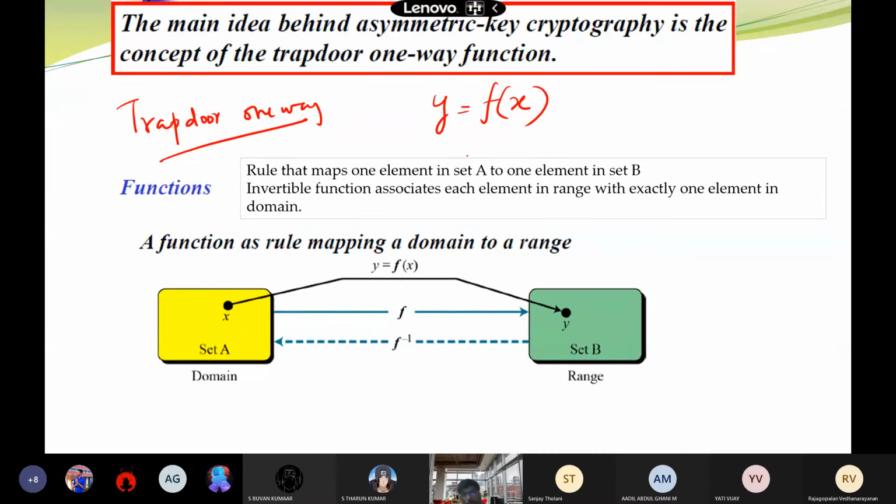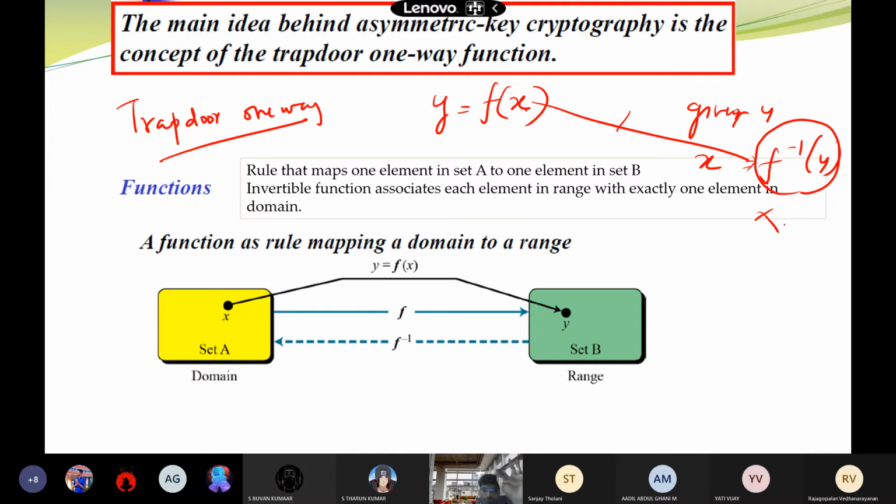You are applying a function. Now, what we mean by a one-way function is that given x, it is easy to compute y using this function. But given y, if you want to find x, you need to find f inverse of y, and computing the inverse function is difficult. That is what is called a one-way function.